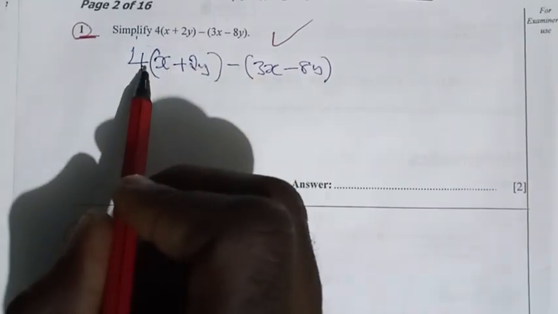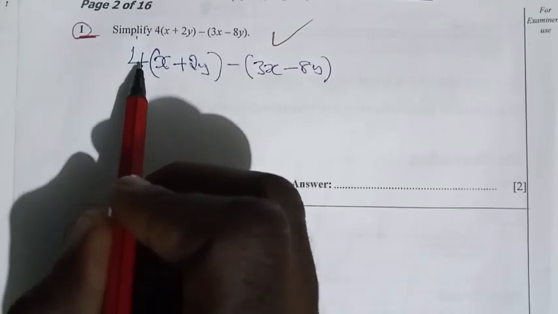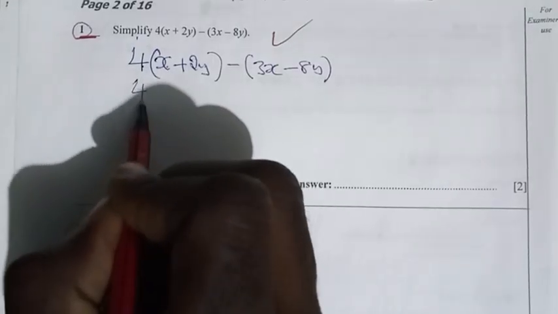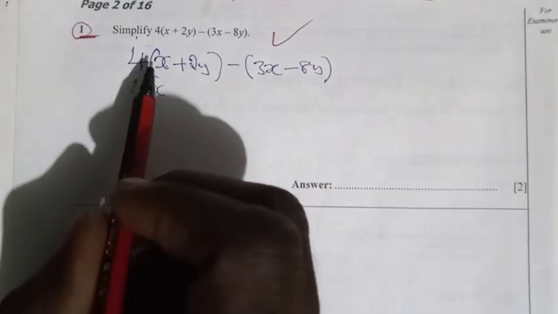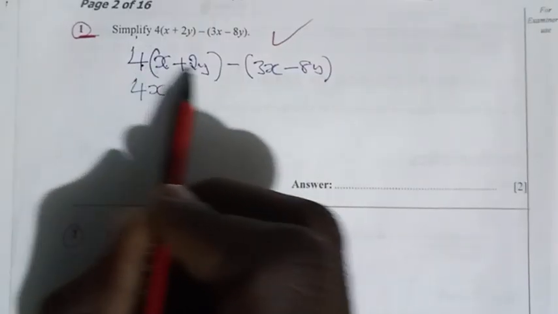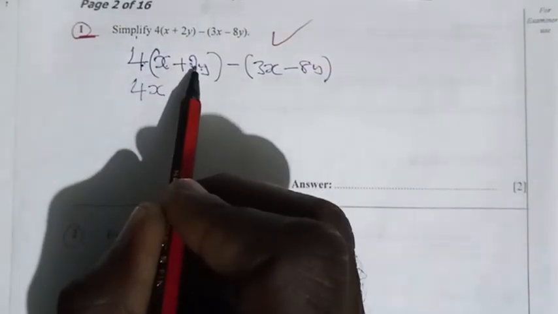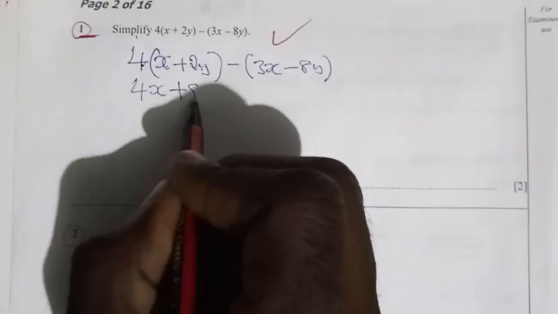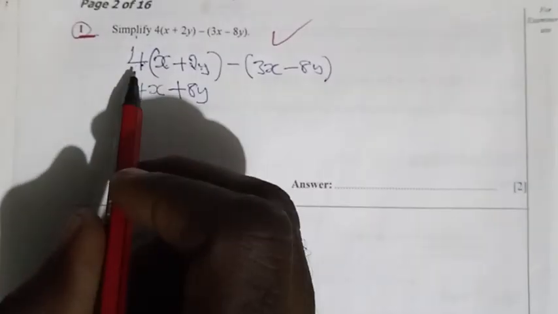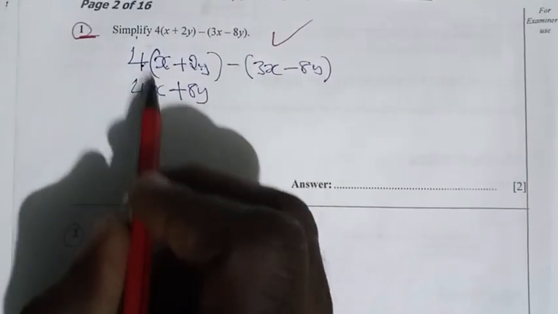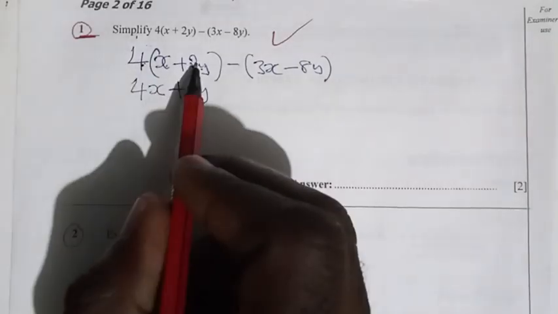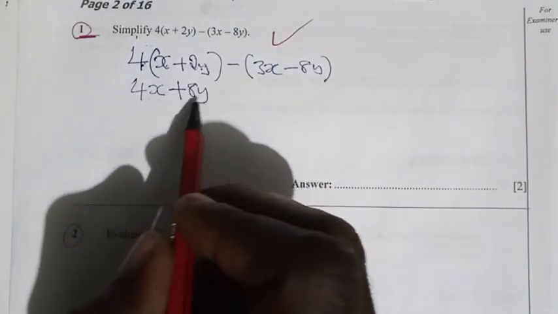So in this case, you say 4 times x, it is 4x. Again, you say 4 times positive 2y. 4 times 2 is 8, so positive 8y.